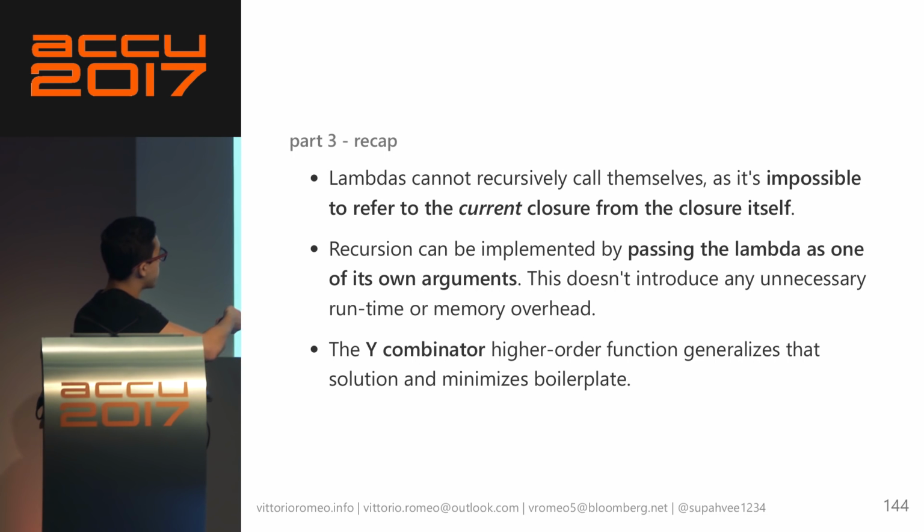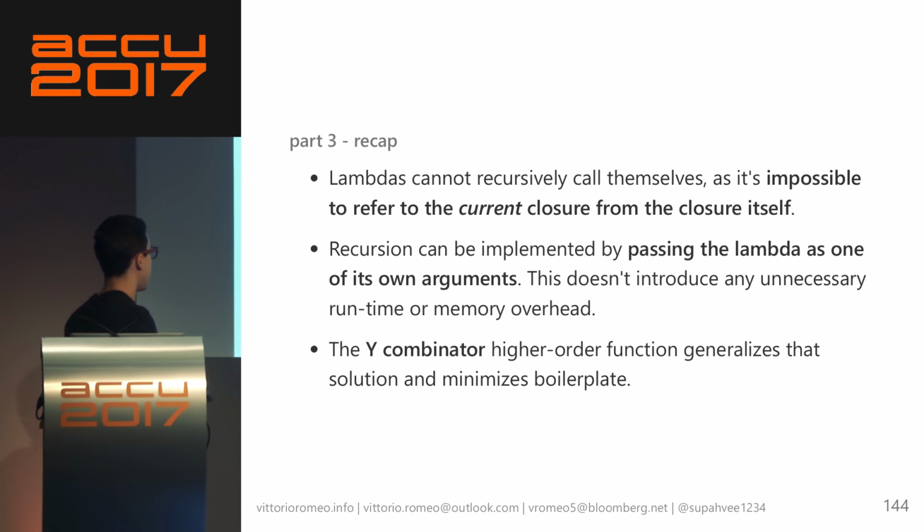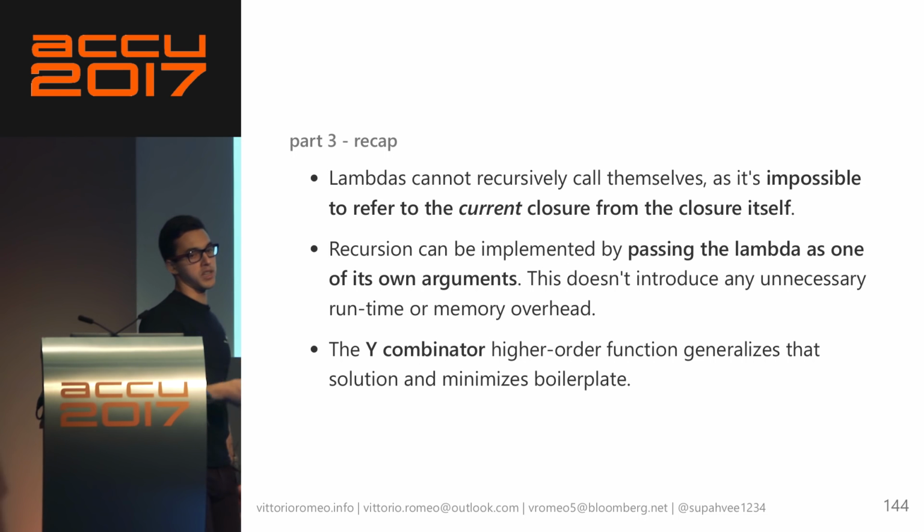And recursion can be implemented by passing the lambda as one of its own arguments. And this, compared to something like std function, does not introduce any unnecessary runtime or memory overhead. And the Y Combinator higher order function generalizes this idea and minimizes the boilerplate, both in the implementation and on the user caller side.